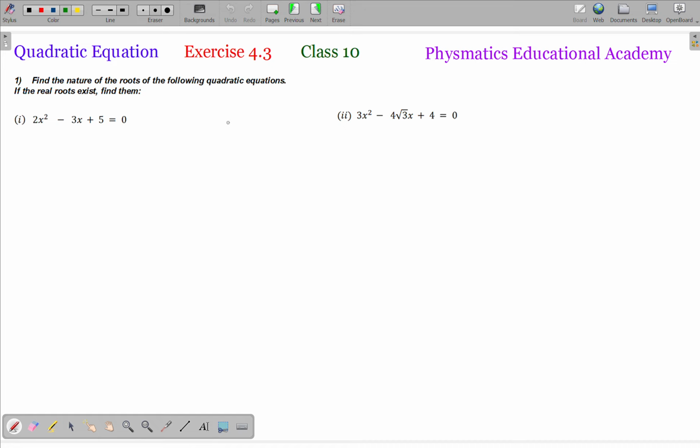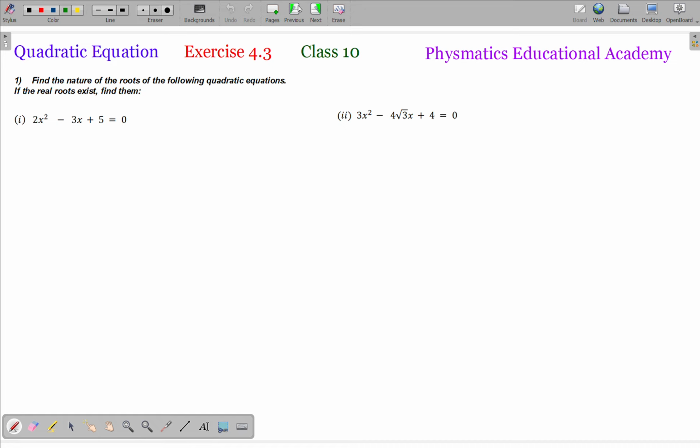Find the nature of the roots of the following quadratic equations. If the real roots exist, find them. First of all, we will decide whether real roots exist or not.